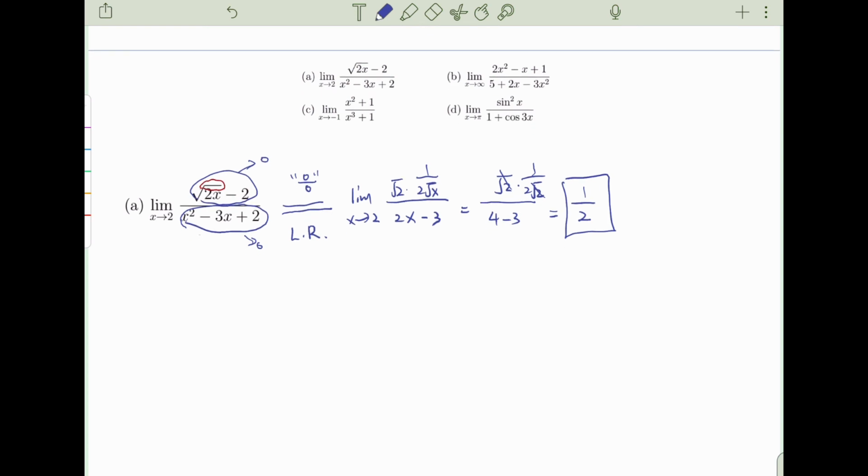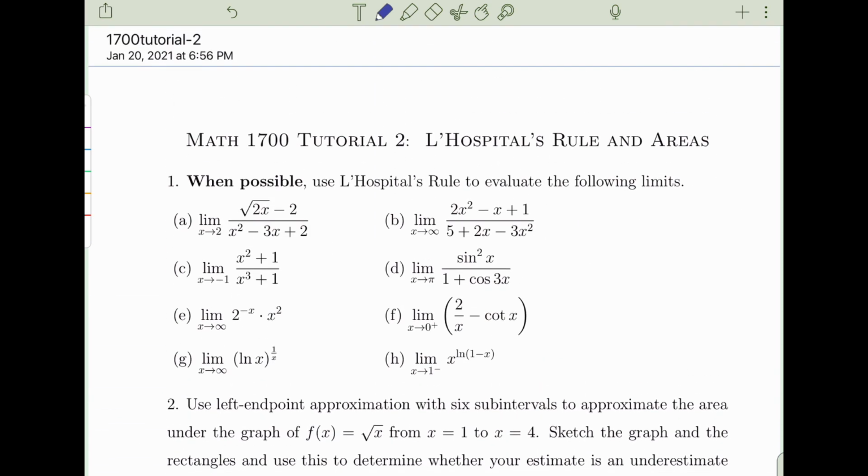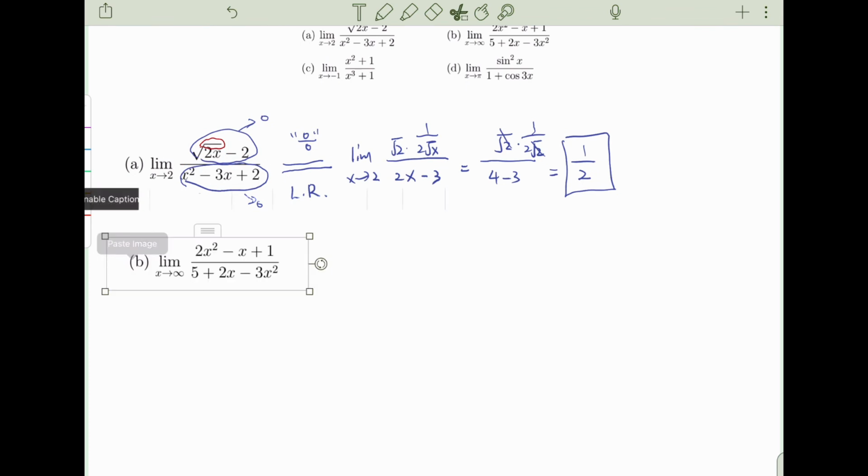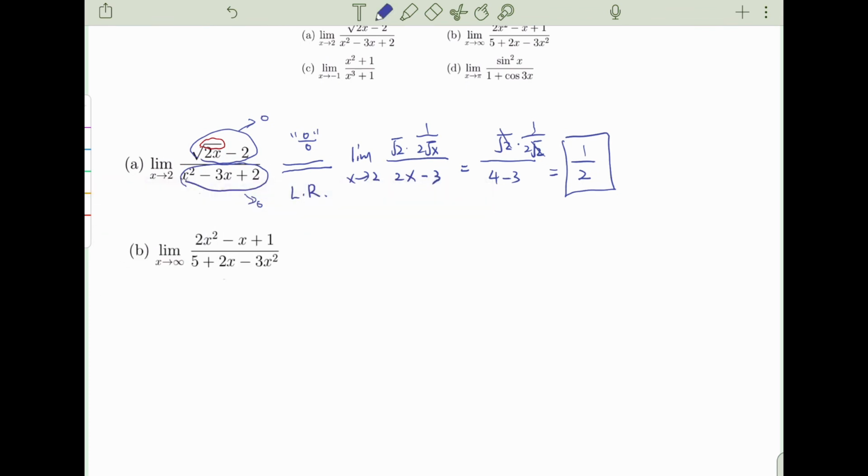And now let's take a look at question B. So x goes to infinity. Let me just copy and paste this here. And we know that both the top and the bottom are going to infinity, right, if x is going to infinity. So this type of limit is of infinity over infinity type, right?